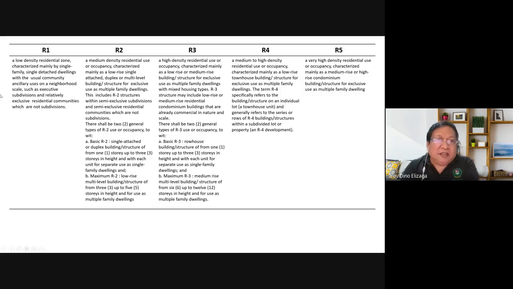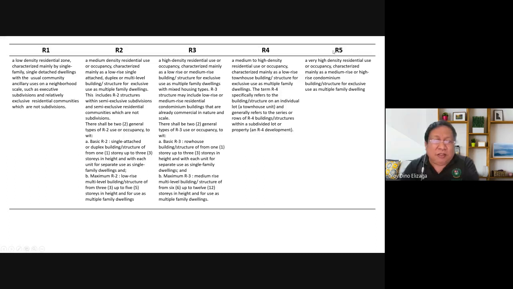Okay. Now R2 are like some apartments, and then R3. Our plate first plate is actually an R4, but it was a problematic R4 because R4 should be more than 4, I think 5 stories, but when we were trying to categorize it, it falls more on R4 than R5.